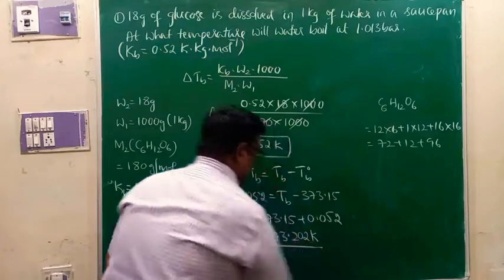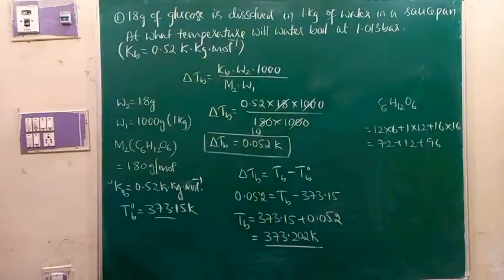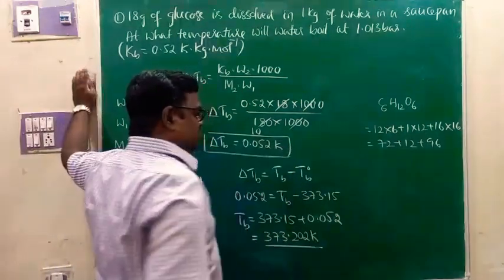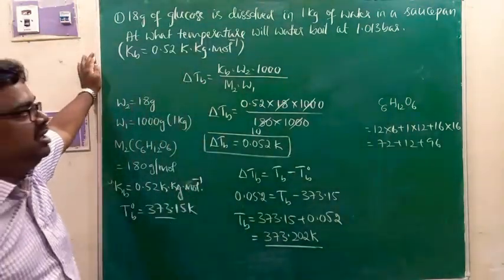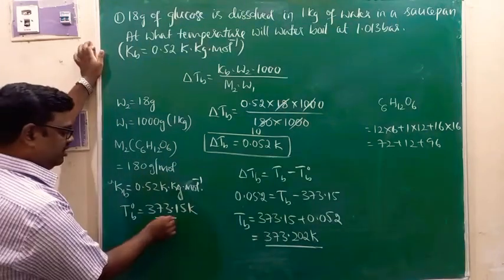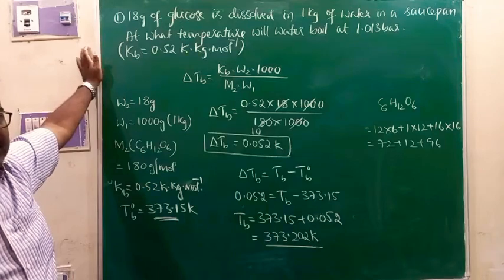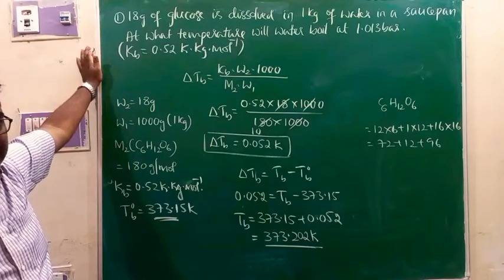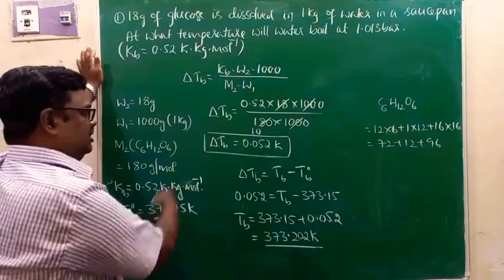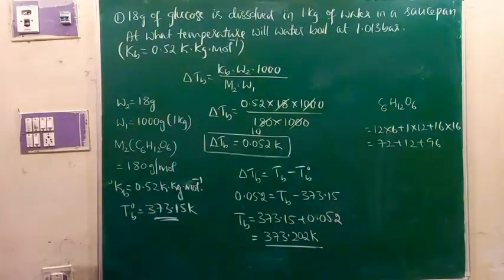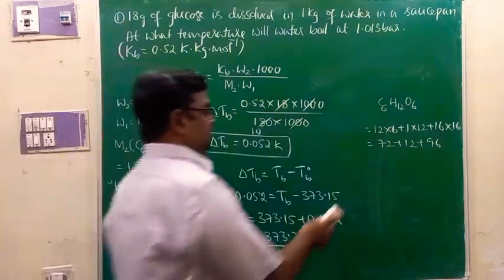This is the boiling point of the resulting solution, TB, the boiling point of solution. TB not is the boiling point of pure solvent. For water, TB not is 373.15 kelvins. If some other pure solvent is given, they will give its boiling point. You need not worry, since you know water's value, they have not given it. So this is the calculation of the boiling point of the resulting solution.